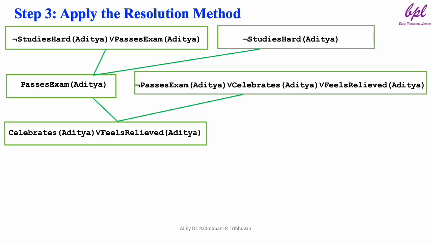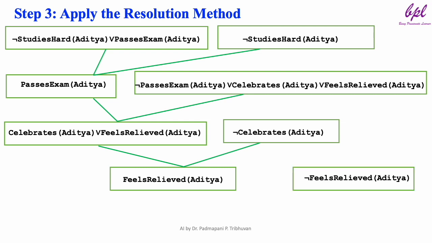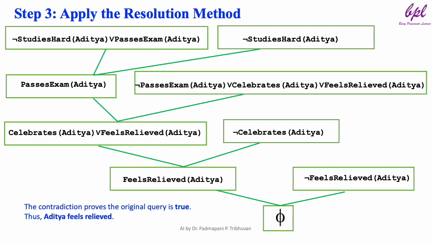From clause 6, Aditya not celebrates, we resolve to get Aditya feels relieved. Now we resolve Aditya feels relieved with the negated goal Aditya not feels relieved. This result is a contradiction. All these resolutions ultimately lead to the contradiction, confirming that the negated goal Aditya not feels relieved is false.